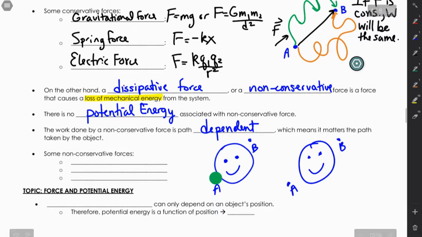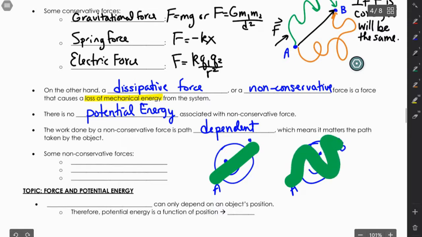If I take a straight line path from A to B, it does not do a lot. Now what happens when I take a different path? If I do something like this, you'll see that the smiley face gets covered up more with a curved path versus a straight line path. If the curved path represents the work done, there's less work done on a straight line path from A to B than on this curved path.